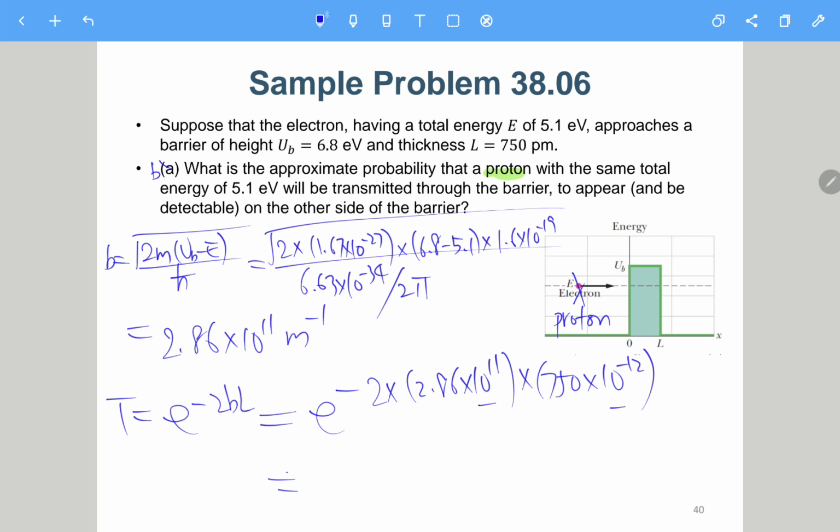Wow. This is 8.3 times 10 to negative 187.